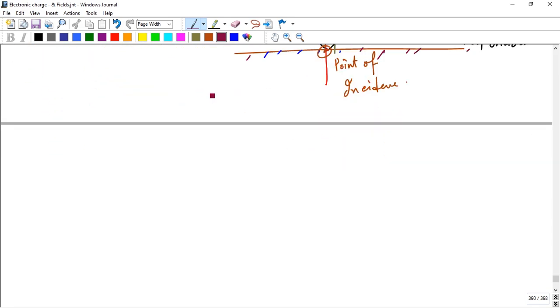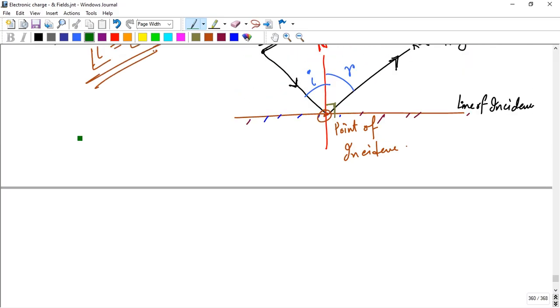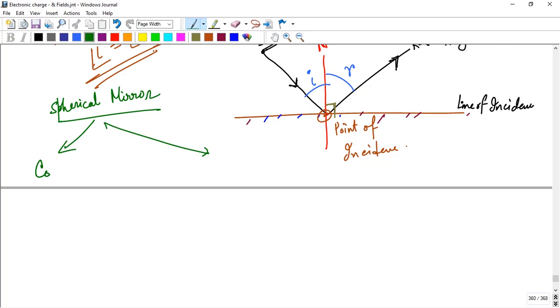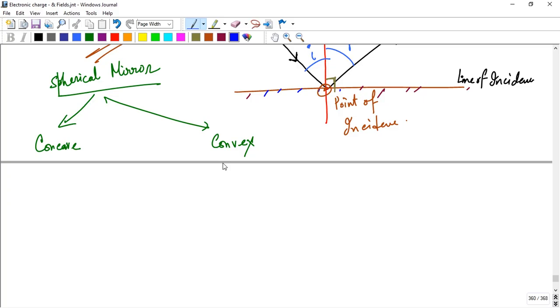Now there are two types of spherical mirror: concave and convex. Concave mirror looks like this.